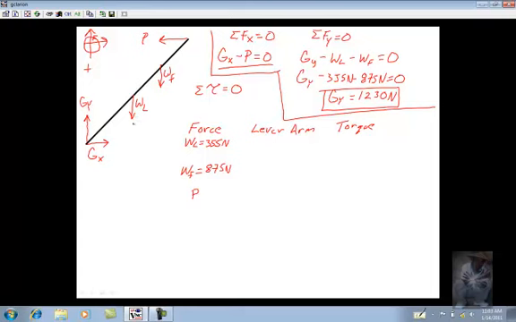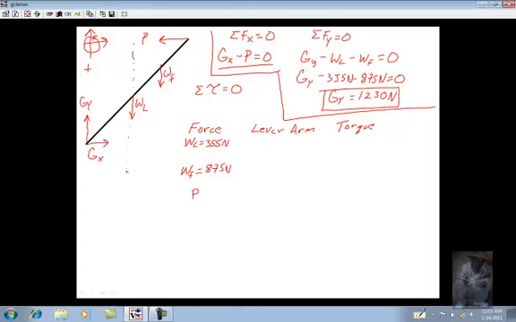Before I get the lever arm, I first have to find the line of force. Where do I draw the line of force for the weight of the ladder? Right there in the middle, but in what direction does it go? Negative. Remember, it goes along the length of that force.